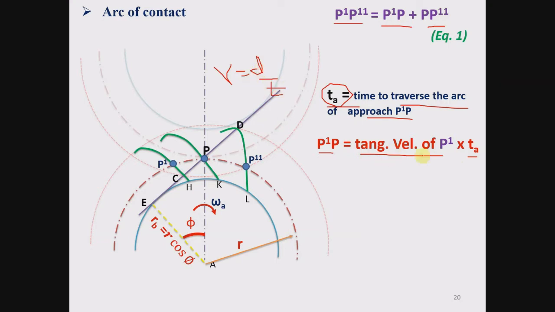So distance equals velocity into time. So the velocity of P dash into the time taken by P dash to cover the distance P dash P will give the length of arc P dash P.